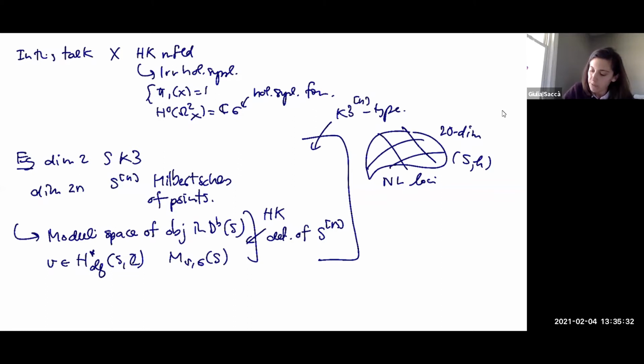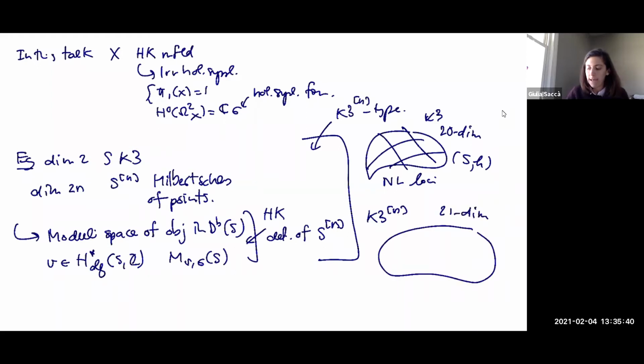That is for K3s, and for K3^[n] type, the moduli space is now 21-dimensional, and the projective hyperkähler manifolds that you get, these are projective. So the projective families that you get from K3 surfaces correspond to codimension 2 loci inside the full deformation.